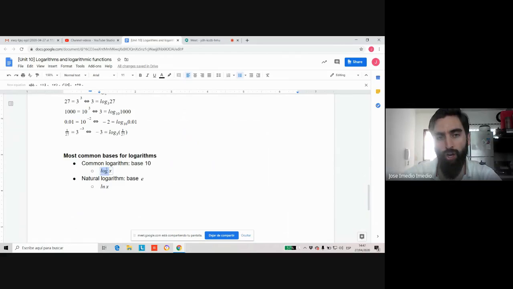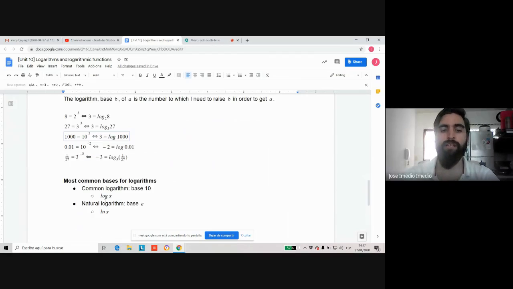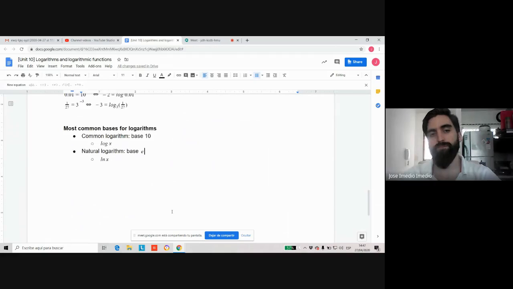If you see log and there's no base, it's a common logarithm, base 10. So I'm going to remove it here and here. Once again, if you don't see any base, it's base 10. If you see natural logarithm, base e.